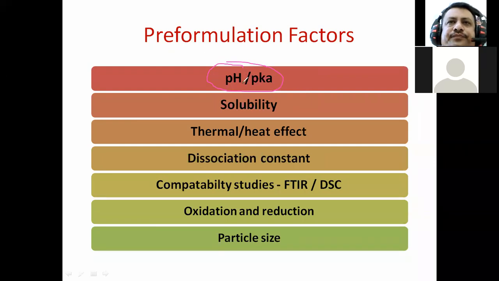So the factors such as pH, pKa, solubility, thermal and heat effect, dissociation constant, compatibility studies, oxidation and reduction, and particle size are some of the factors which I have enlisted over here, which we are going to study under pre-formulation factors.